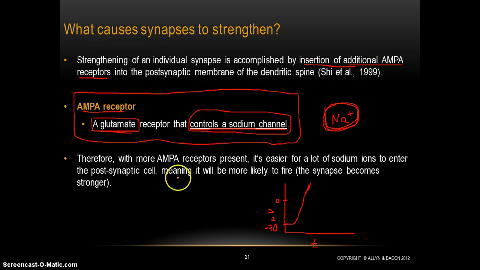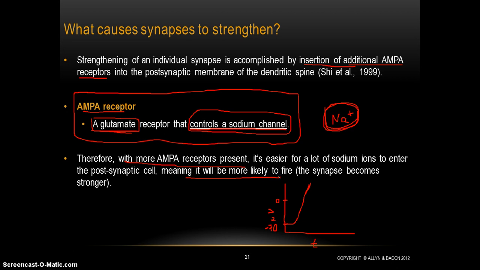So what's happening if you add more AMPA receptors into the synapse is that you're providing more doorways for sodium to enter into the postsynaptic cell. With more AMPA receptors present, it's easier for a lot of sodium ions to enter that postsynaptic cell, which means it will be easier for that postsynaptic neuron to fire.